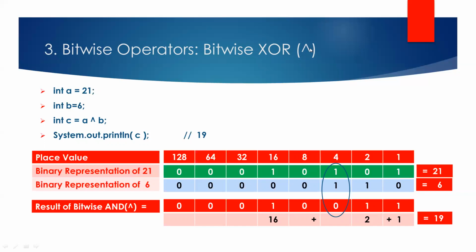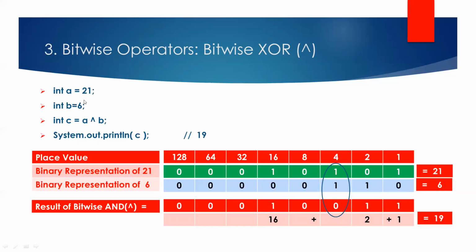So by using Shift, you will be able to use it. What it says is, listen, if both bits are the same, then the result will be 0. It is called the exclusive OR operation.